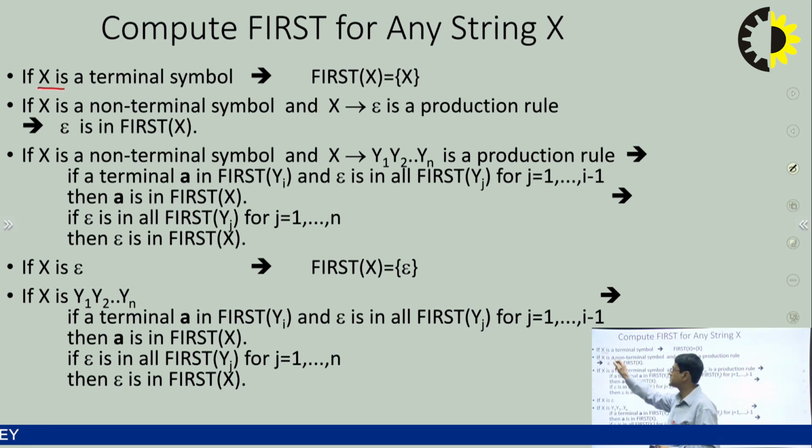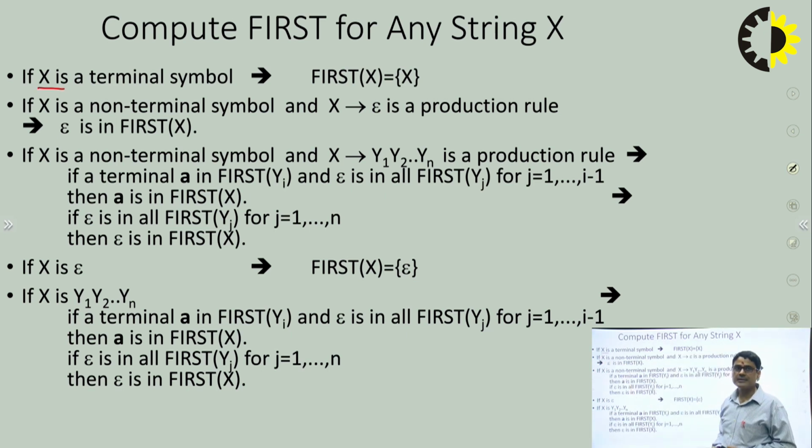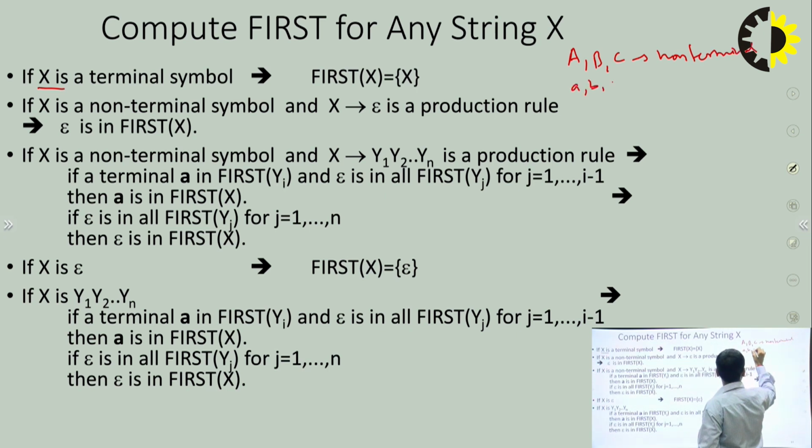Firstly, notations. It is very important to understand the notations used for deriving first and follow. We are using capital A, B, C for non-terminals. We are using small a, b, c, plus, minus for terminals.